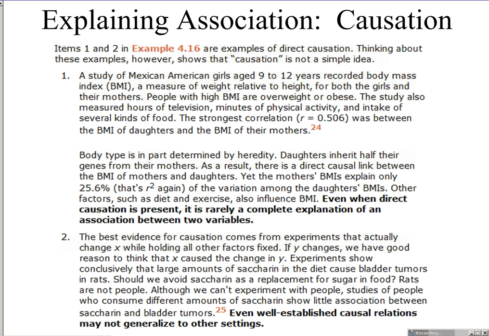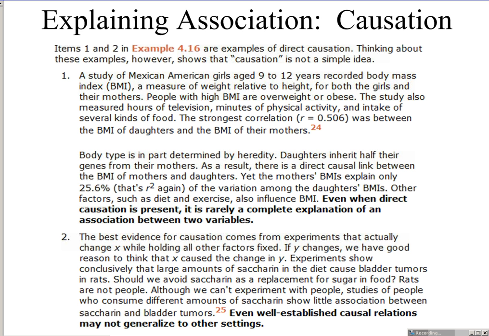The strongest correlation R was between the BMI of daughters and the BMI of their mothers. Remember, R is measuring the correlation of the straight line or linear relationship between the 2 variables, BMI of daughters and BMI of their mothers. Body type is in part determined by heredity. Daughters inherit half of their genes from their mothers.